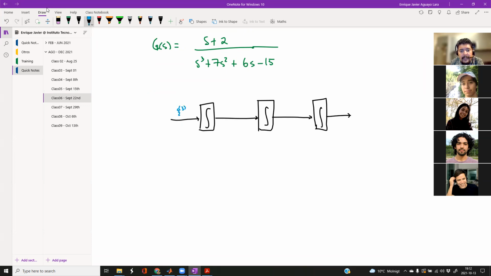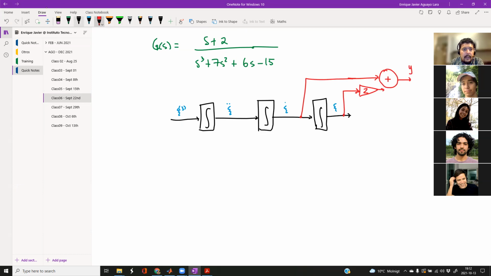So this was the third derivative, this was the second derivative, the first derivative, and the signal that we had. Okay. And then we said that we would do this one times 2, this one times 1, so I will not put it. We add this, and this will be the output of the system.